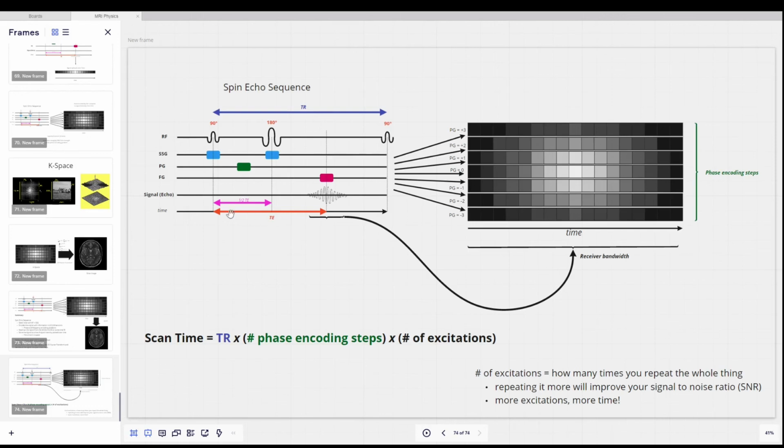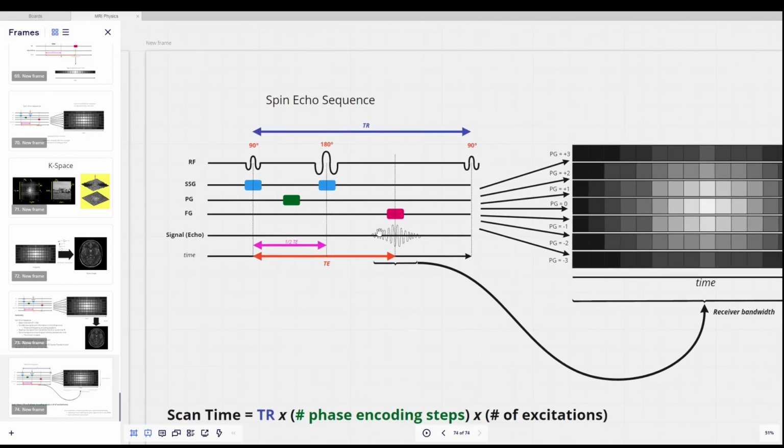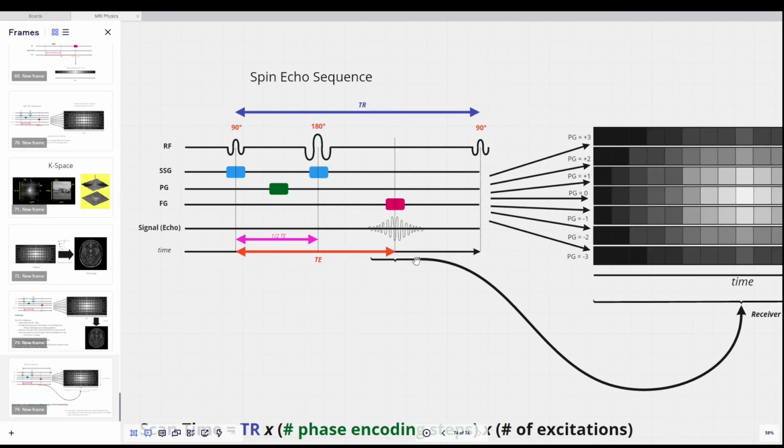This is TE. That's the time from when we apply our 90-degree pulse and select our slice to when we get our echo, to the midpoint of that echo. And this is when we read the signal. So TR and TE, again, just shown in the context of what's happening with our signal generation.